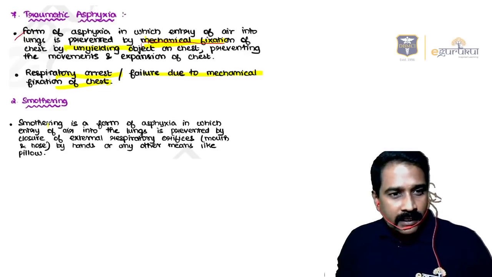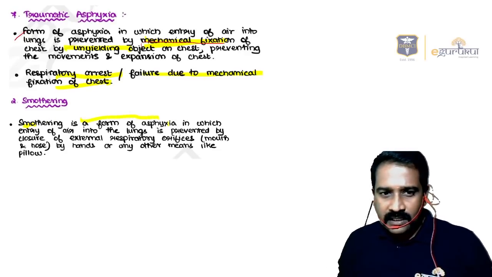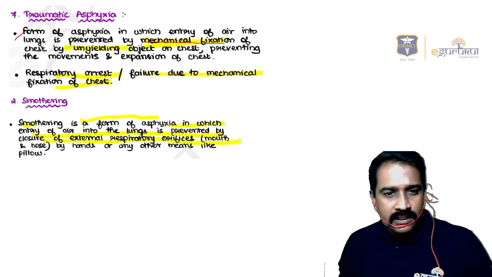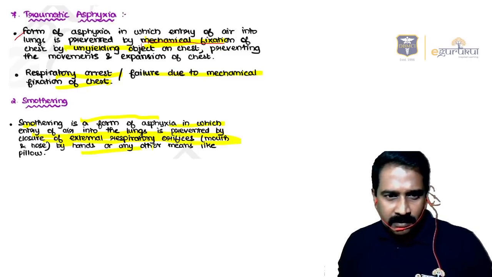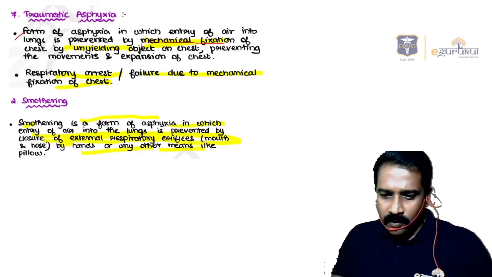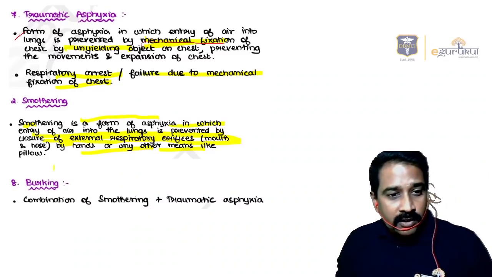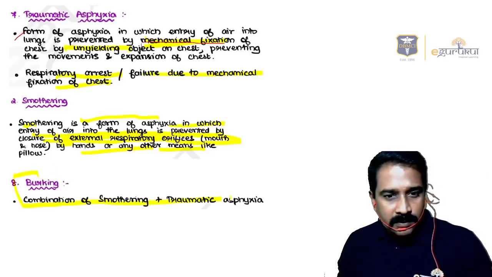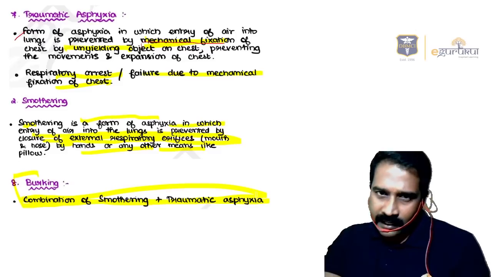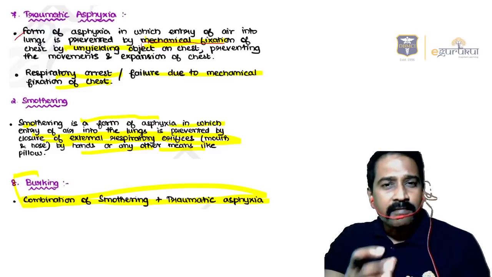Then what is smothering? Smothering is a form of asphyxia in which entry of air into the lungs is prevented by closure of external respiratory orifices, either by hand or a very soft object like a pillow. The combination of these two is called burking. Again, directly from the notes.